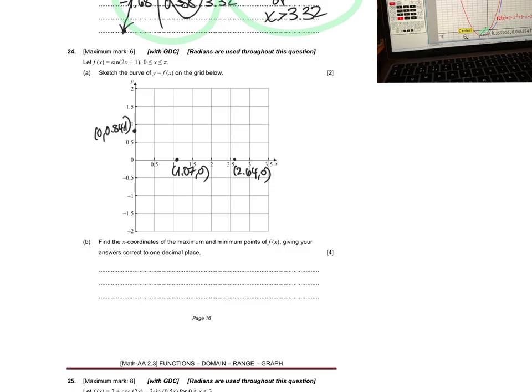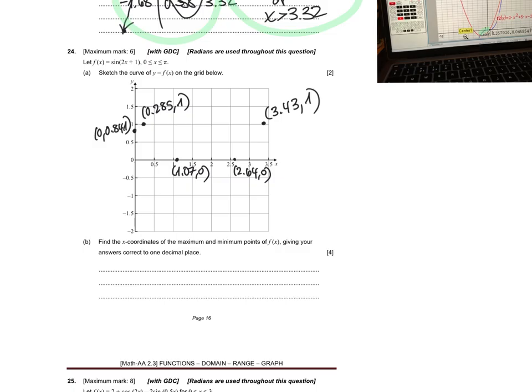All right, so then we need the maxes and the mins. So menu, analyze graph, maximum. You need the left and the right side. So the first one's at 0.2851. And then the next one is at 3.431. Okay.